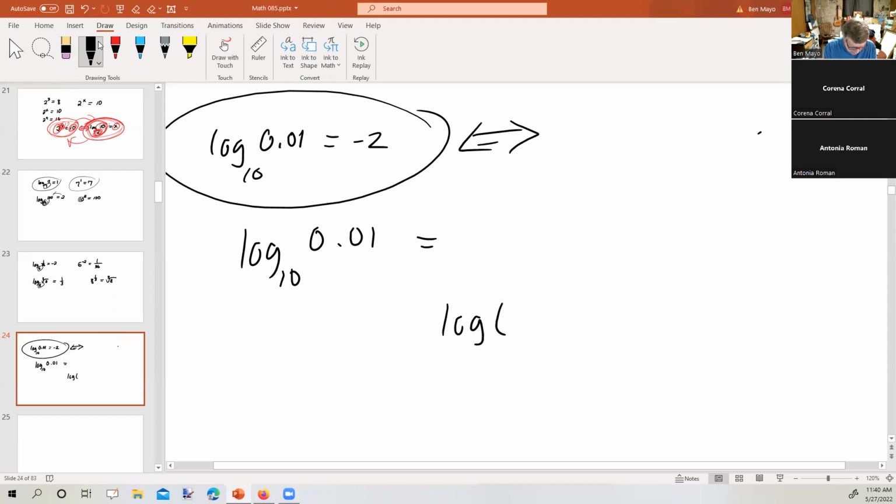I put in 0.01, close it up with a right-hand parenthesis, then push equals, and I get -2. So again, if you have your calculator with you, try that, make sure you're getting -2, and if you aren't, now would be a good time to let me know.